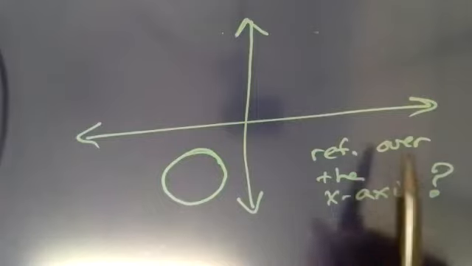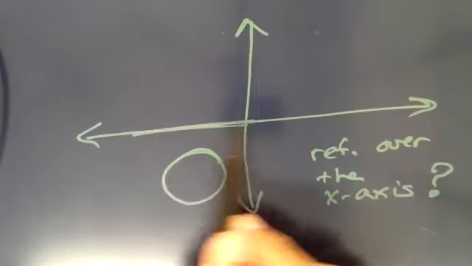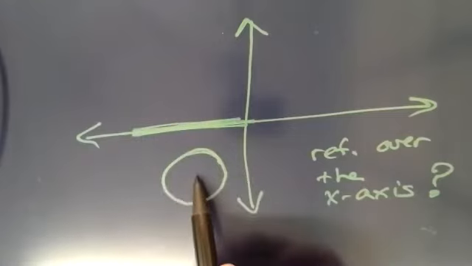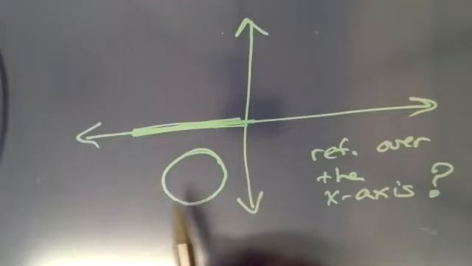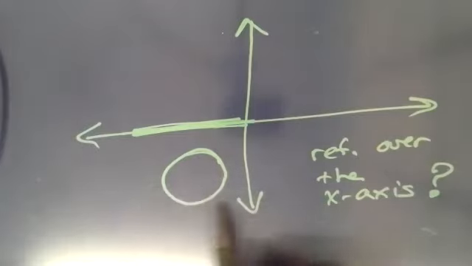If I do a reflection over the x-axis here, will this circle fall on top of the circle? Yes or no? No? What quadrant is the circle in?